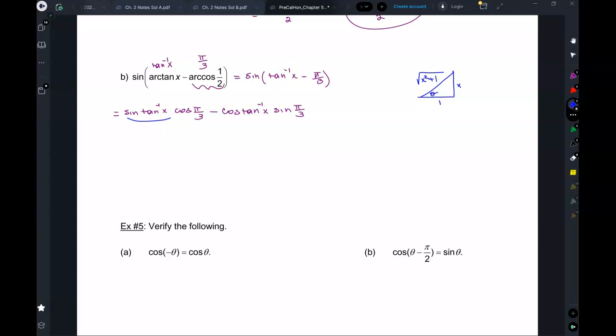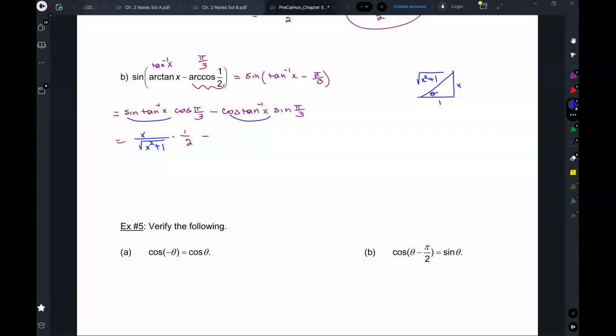Okay, now, the sine of that situation is how much? X over the square root of x squared plus 1. Correct. Okay, times, what's cosine of pi over 3? 1/2. Minus the cosine of that. Look, it's the same angle, right?